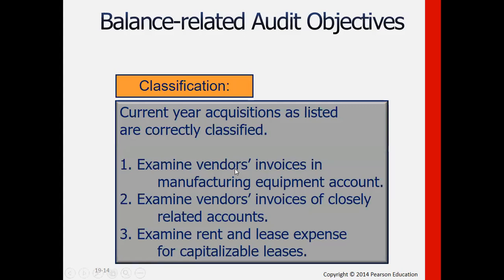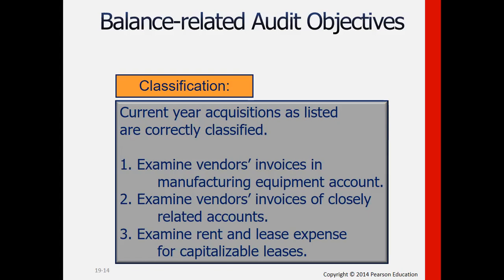Then classification. We have to check if certain assets acquired actually are properly classified. So if we talk about PP items, they are part of the non-current assets or long-term assets, which is next to the current assets found on the asset section, on the left side of the statement of financial position.